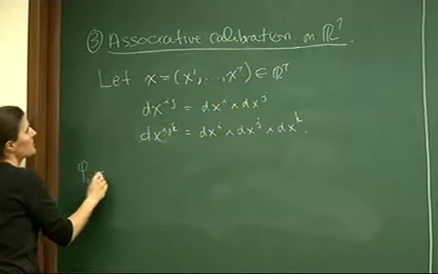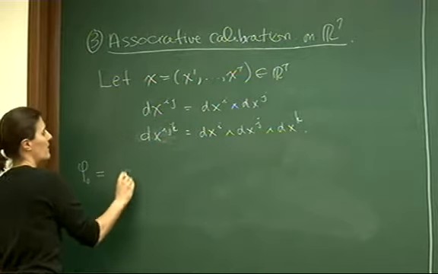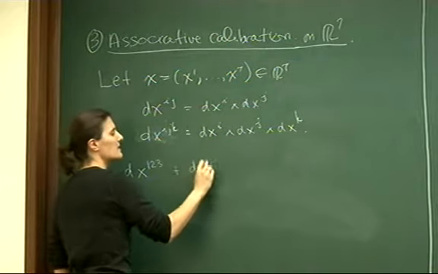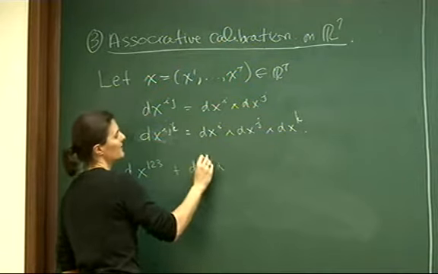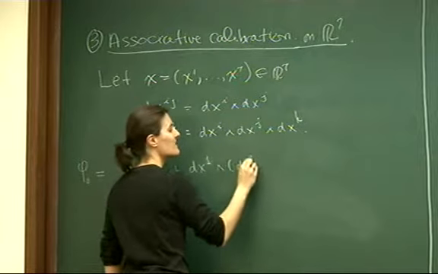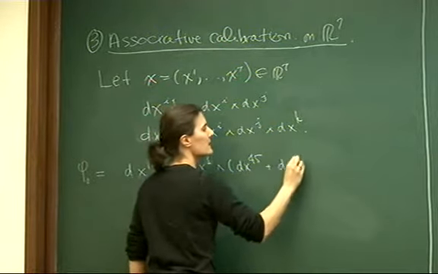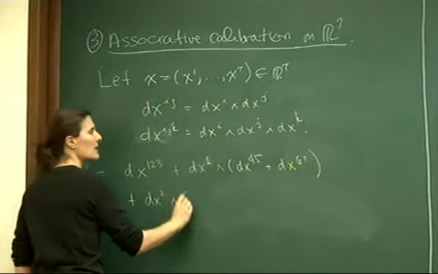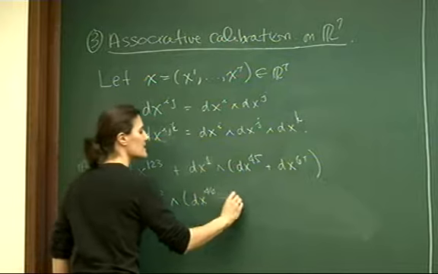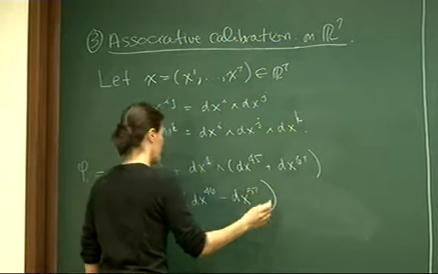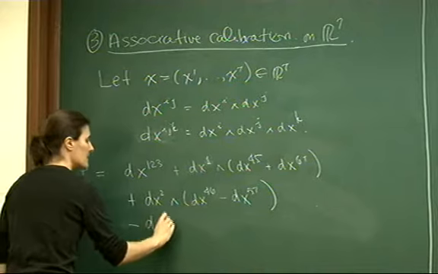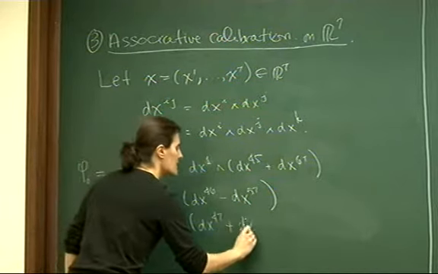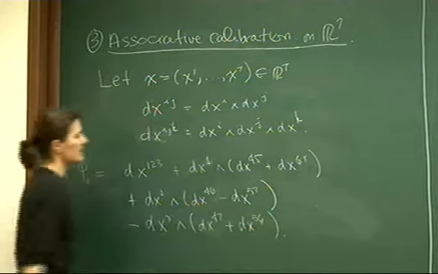Then the associative calibration on R7 is defined as follows. It's dx123 plus dx431 wedge dx45 plus dx67 plus dx2 wedge dx46 minus dx57, and finally minus dx3 wedge dx47 plus dx56.